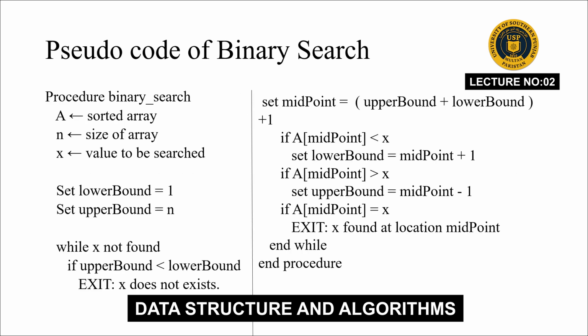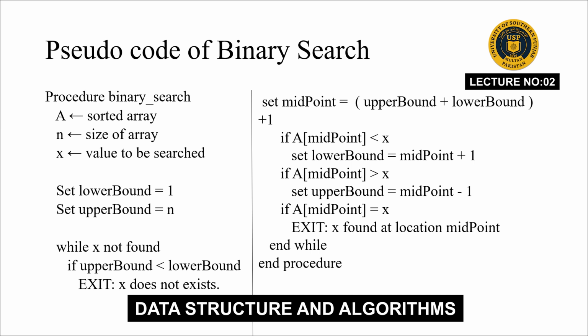Here is the pseudocode of binary search. A is equal to the sorted array, n is equal to the size of the array, x is equal to the value to be searched. Set lower bound equal to 1, set upper bound equal to n. While x is not found: if upper bound is less than lower bound, exit, x does not exist.